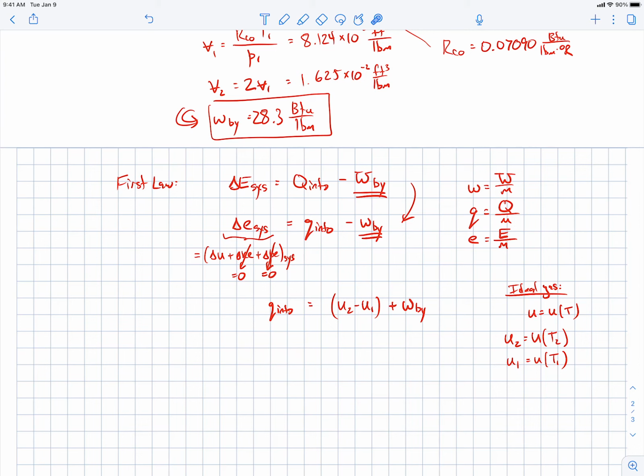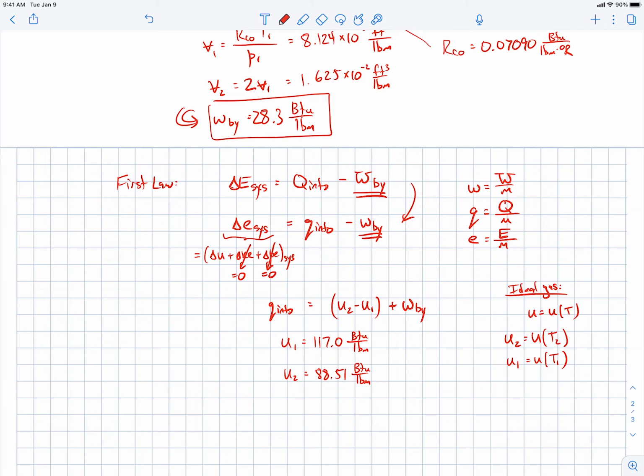And let me just see if I actually, yeah, I did look those up, and I'll just give you the values. So U1 comes out to be 117.0 BTU per pound mass. I'm not showing you the table to look those up. Hopefully you've done enough problems on your own to know how to use the tables to find these values.